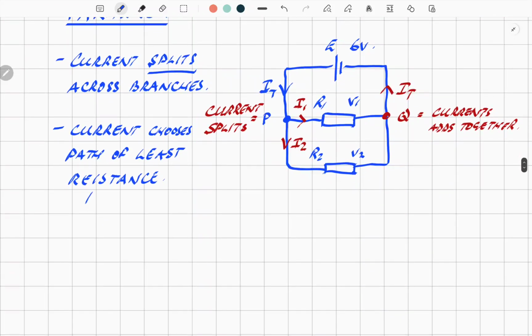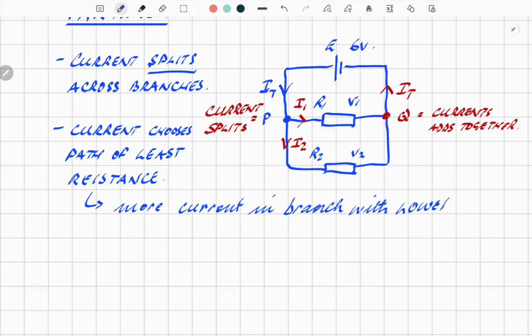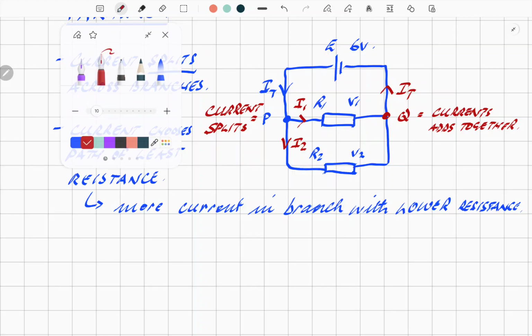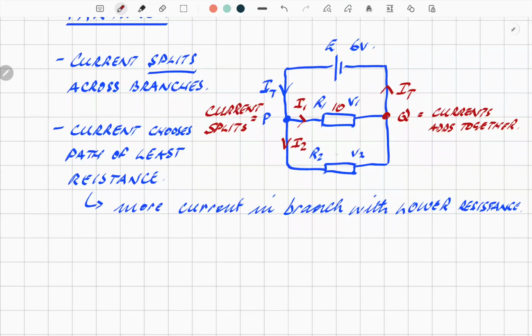So what that means is more current in the branch with lower resistance. So if we were to take that arrangement and again have our 10 and 20 resistors, you'll have more current flowing through the 10 than you would in the 20.